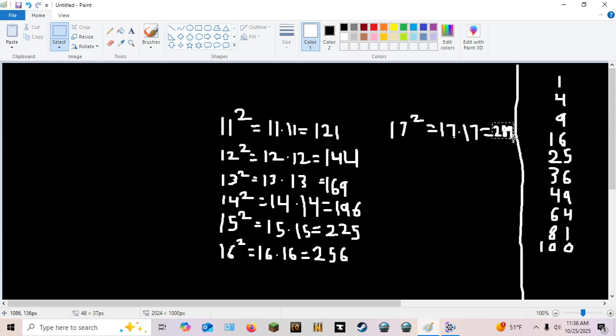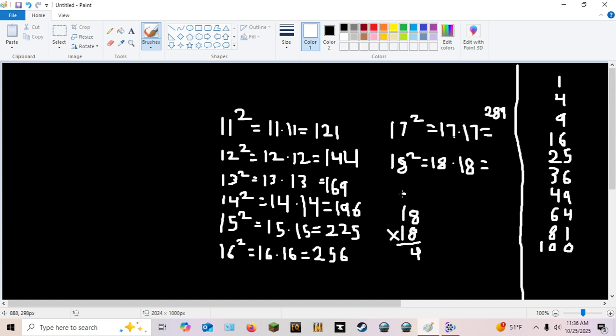I'm gonna put it at the top, okay? Okay. 18 squared is equal to 18 times 18 equals what? Do the standard algorithm. 8 times 8 is 64.